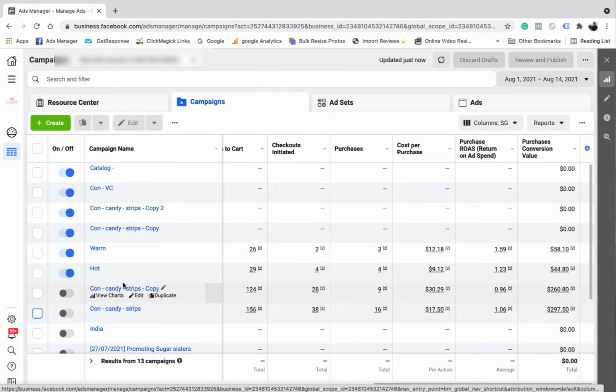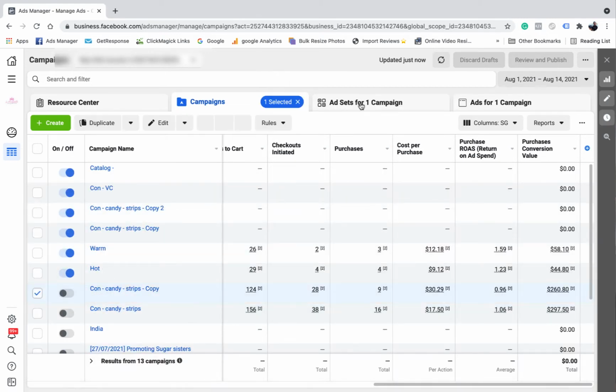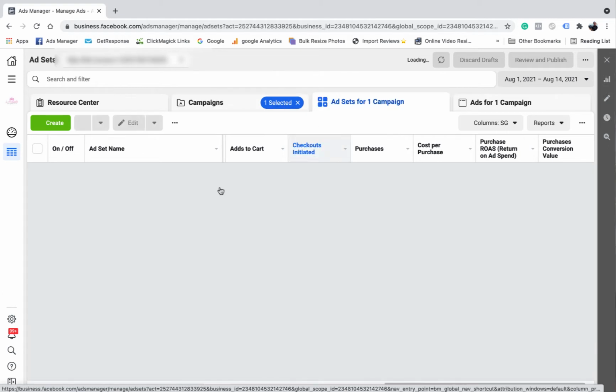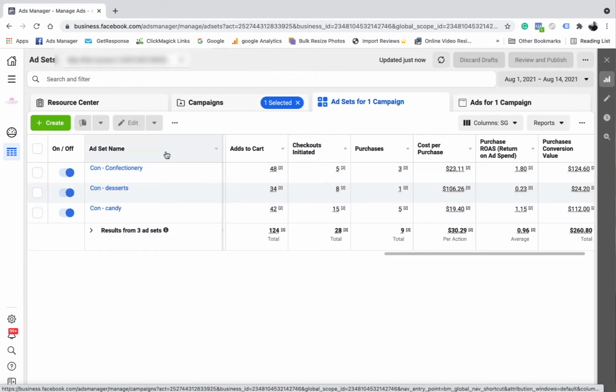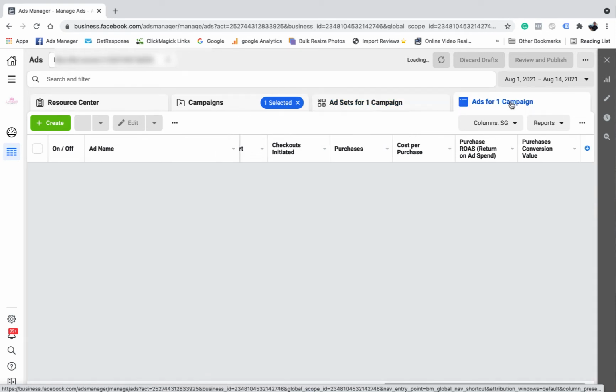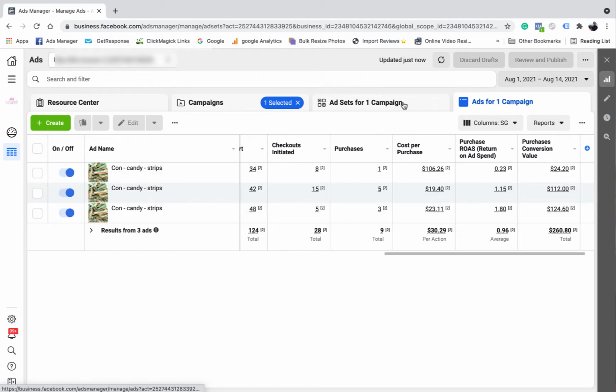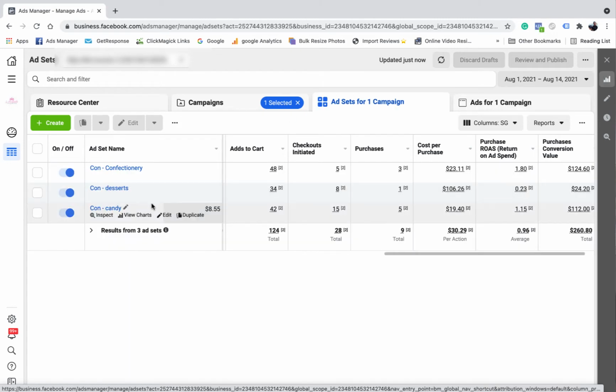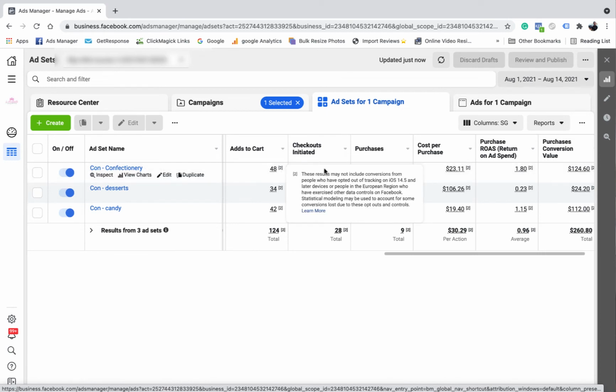I literally just duplicated it, which is this one here. I should have probably named it better, but this is where I've named it here. These are the different interests I've now targeted. I think I kept the product the same. Yes, I did. So I've duplicated the winner, and now I'm just targeting different interests.